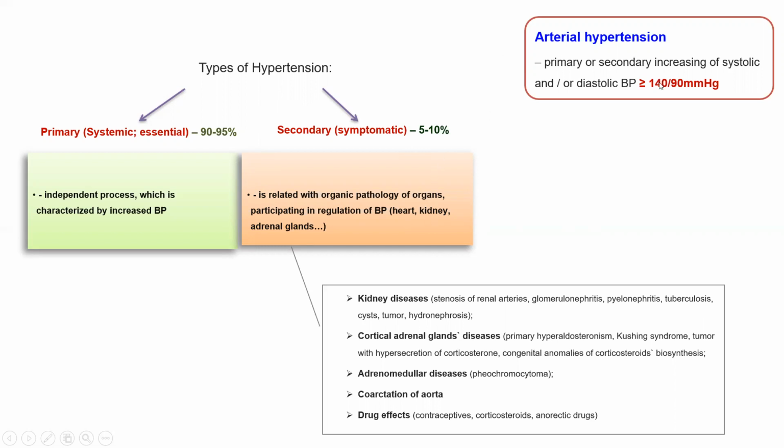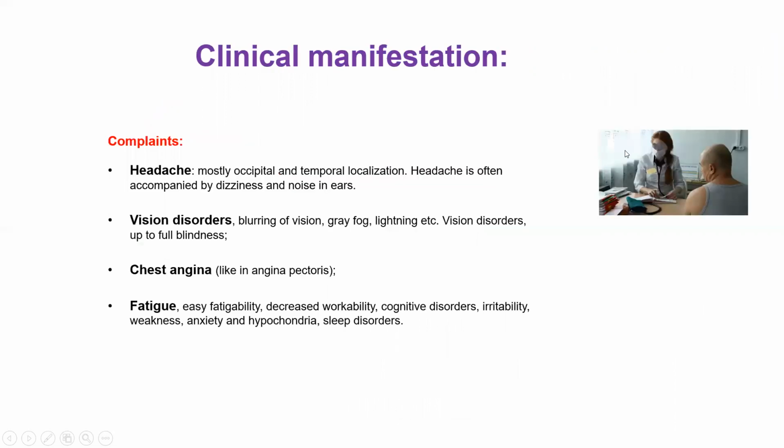By the way, arterial hypertension is a condition characterized by blood pressure higher than 139 and 89 millimeters of mercury. Clinical manifestation: what are the typical complaints of patients with hypertension? Some patients can complain of headache, vision disorders, chest pain like angina, fatigue.